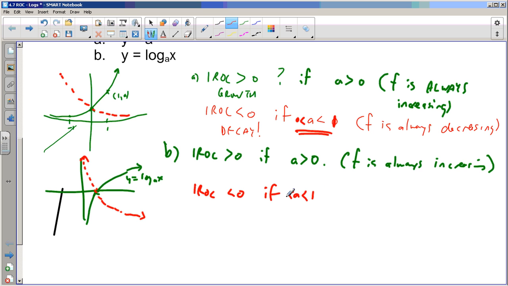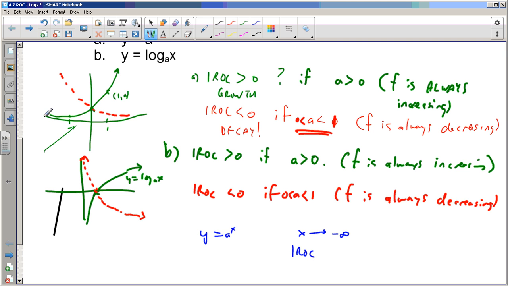What we're thinking of is a decay function, so f is always decreasing. And it was okay if you wrote some other true statements. I'll bet some of you became creative. For y equals a to the x, as x goes to negative infinity, what happens to the IROC?